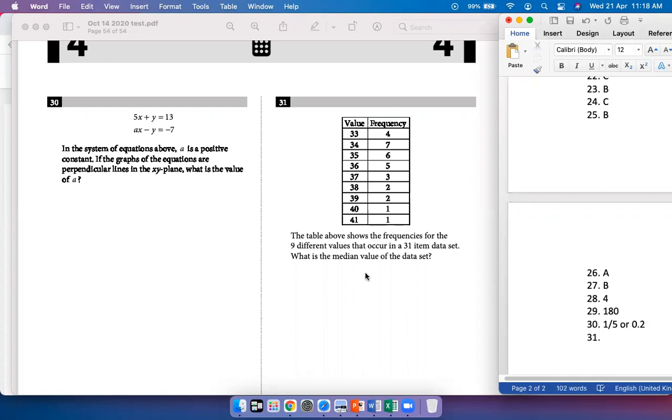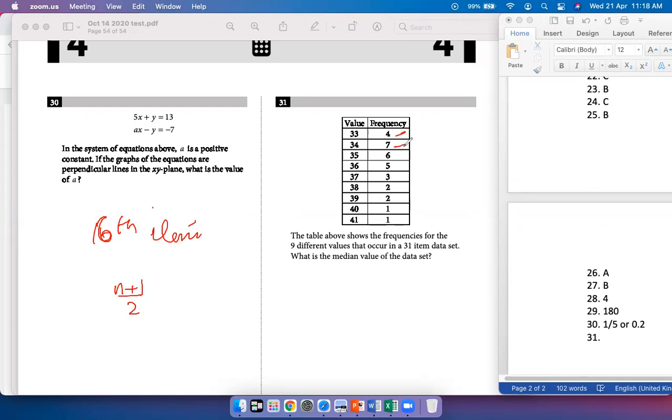And the last question, the table above shows the frequencies for the 9 different values that occur in a 31 item data set. What is the median value of the data set? Okay, so for 31 items, the median value will be the 16th item, right? Because when the number of items is odd, as in this case 31, the median is the (n plus 1) by 2 item, which in this case would be 16th.